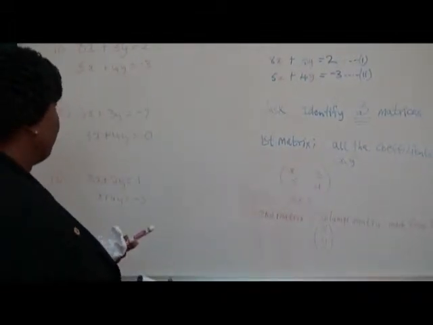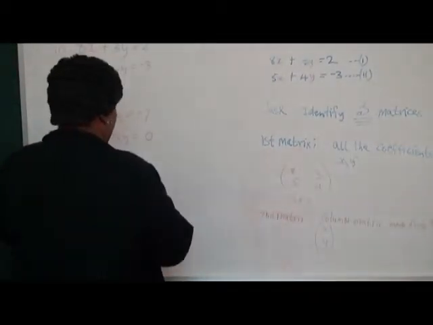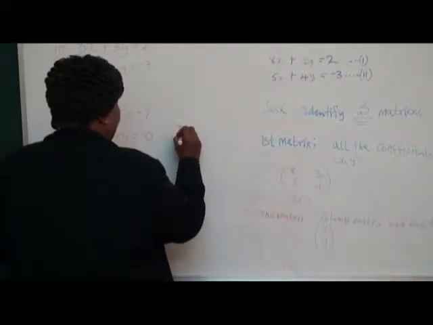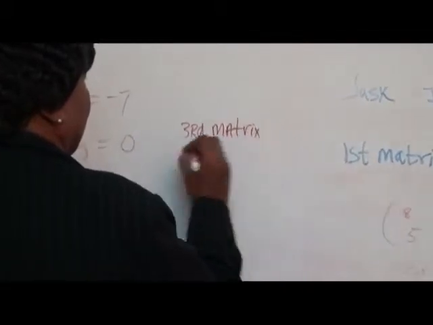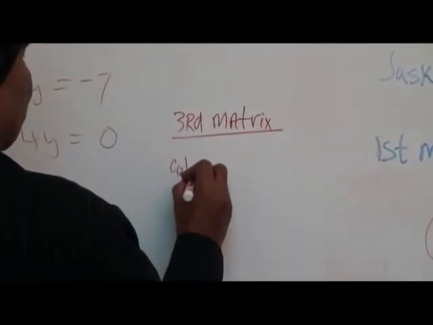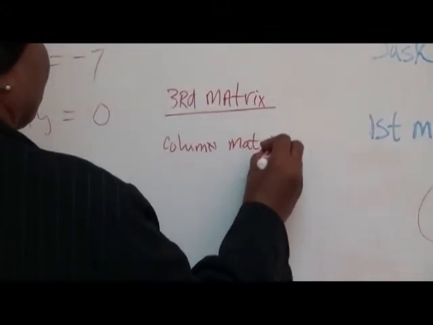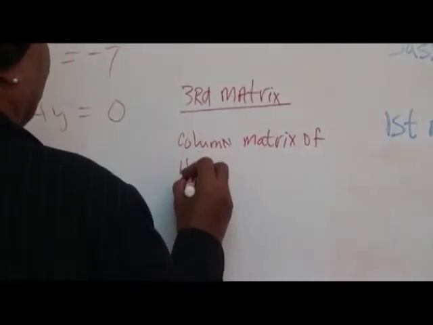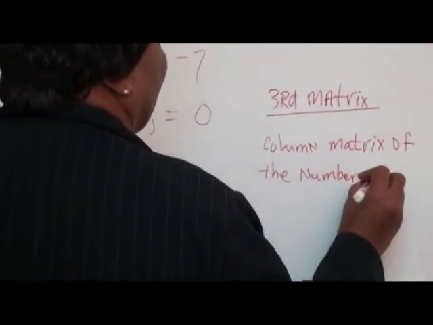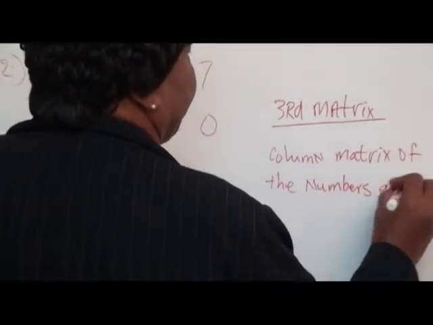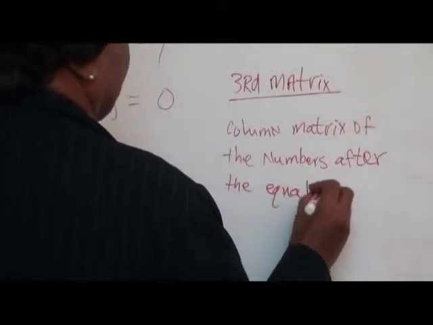So the third matrix is also a column matrix of the numbers after the equal signs.